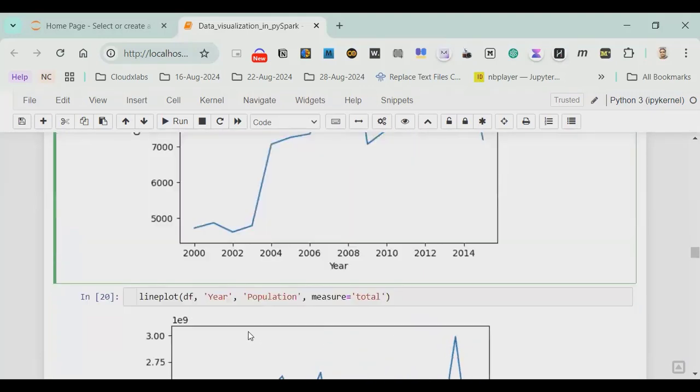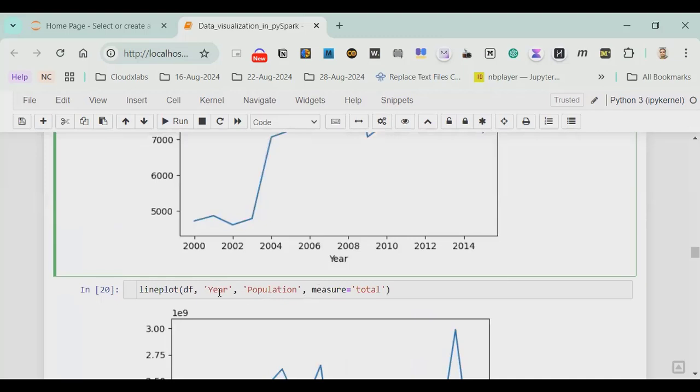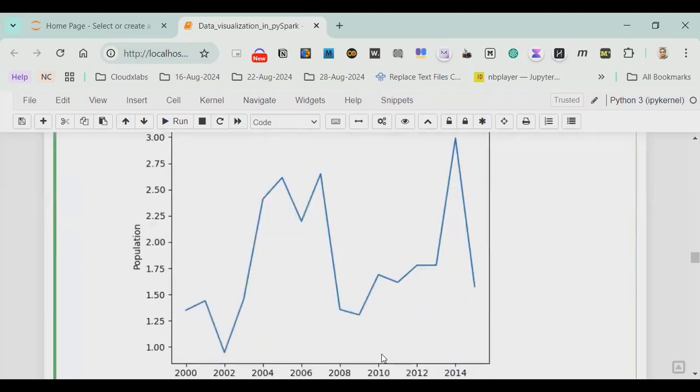Now in a similar manner, I am giving year, but I want to look at population. Now we can see year-wise population. In 2000, population is 1.27 or something, 27 or 28. In 2002, population is very low, like 1. Suddenly in 2004, it slightly increases and decreases and goes on.